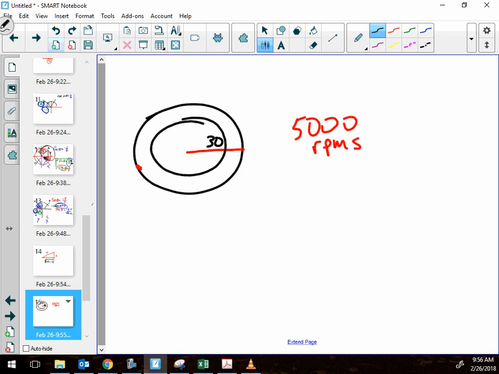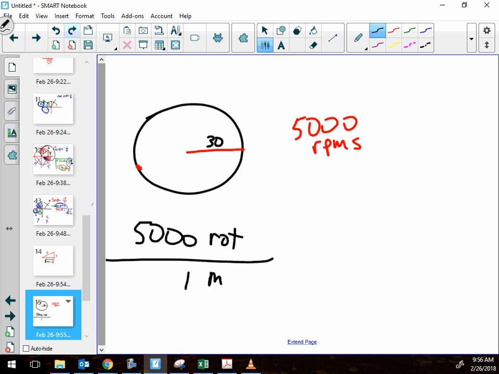You know what I mean? Because the rims are in here, and then this part's tire. But let's say it's a 30-inch radius. And the question could be, how fast is the piece of gum moving? Well, hint, you start with 5,000. And you break it up into rotations per 1 minute.